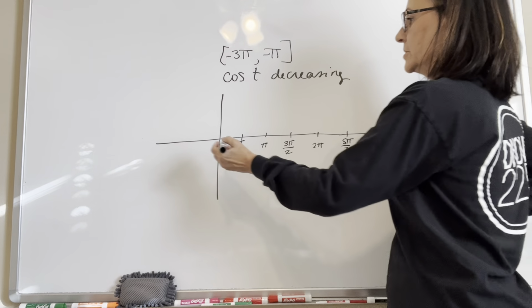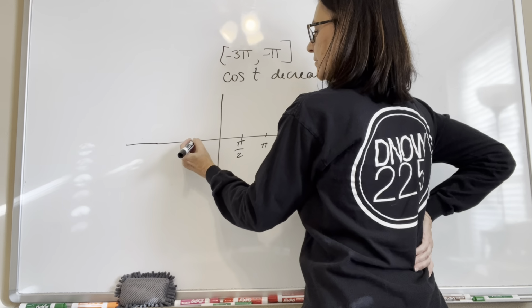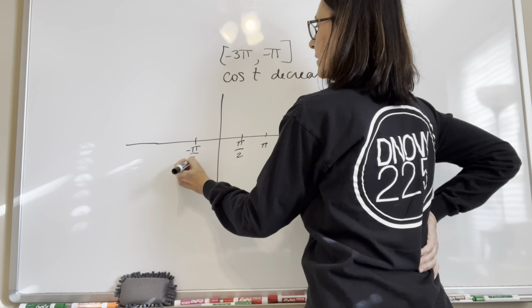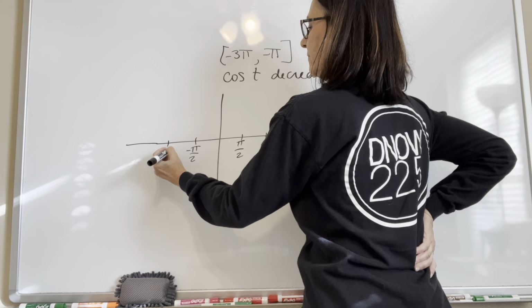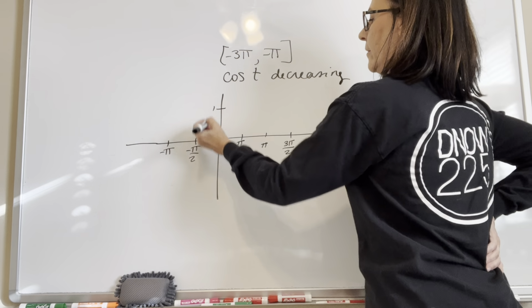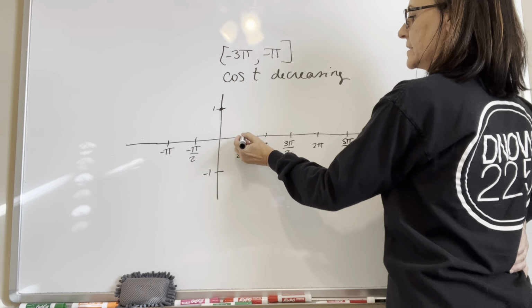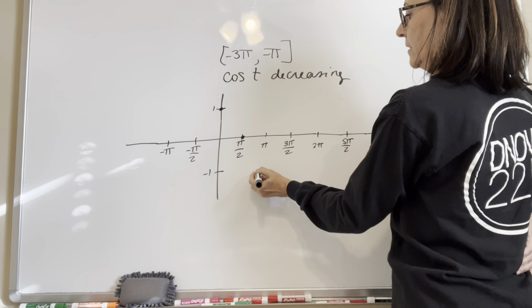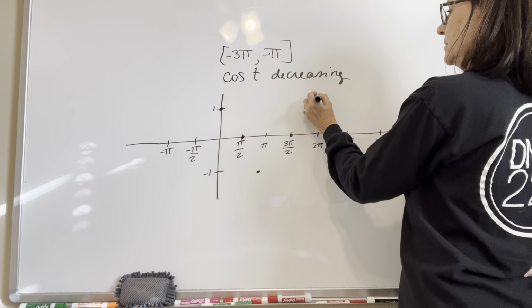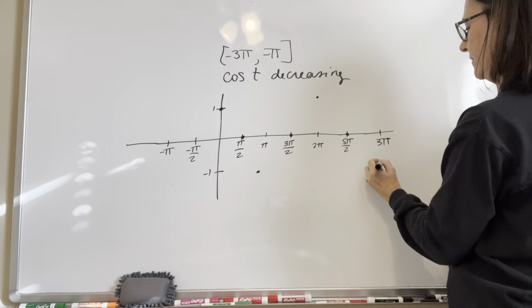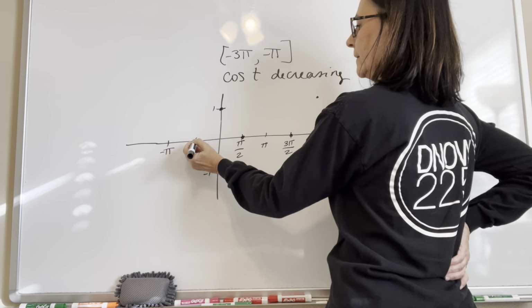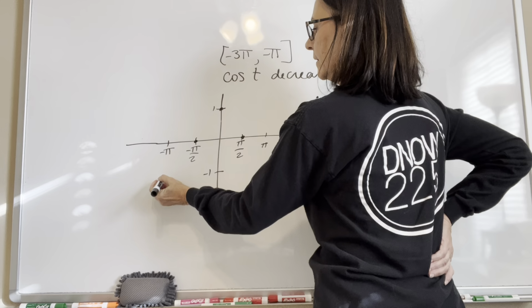We'll go backwards too. So this is -pi over 2, -pi. All right, we go up to 1, down to -1. Remember the cosine starts here, 0, -1, 0, 1, 0, -1. We'll go back here, here.